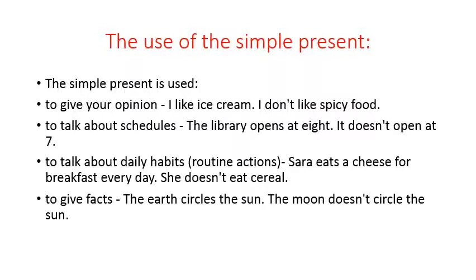And also to give facts, right? To give facts, such as what are called universal truths. For example, the earth circles the sun. So that is happening everywhere in the universe, and it's called a universal truth.